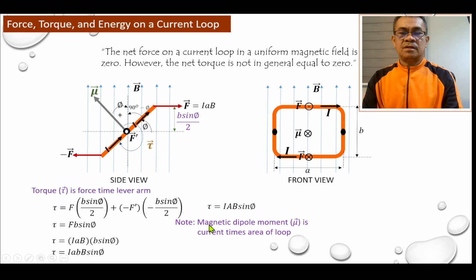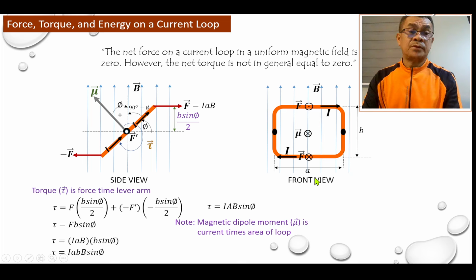Okay? Now, the magnetic dipole moment is a very important physical quantity. Why? Because this is the factor in how the DC motor works. So why is it that the DC motor rotates? The answer is because of the torque.